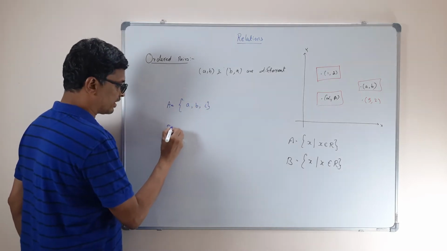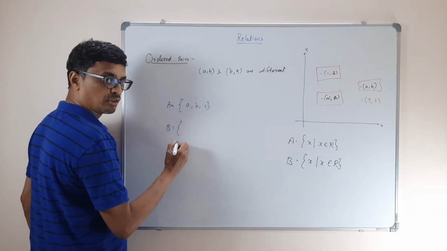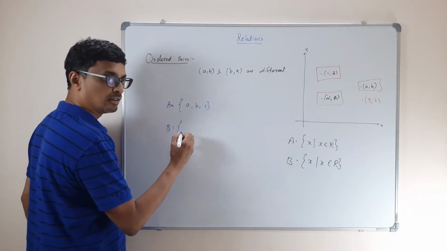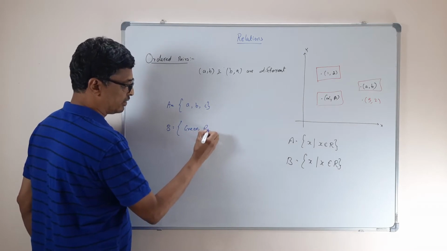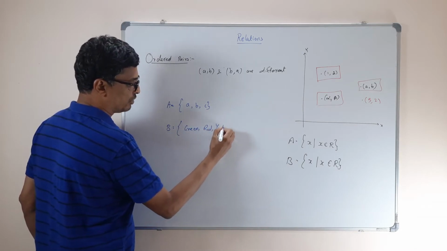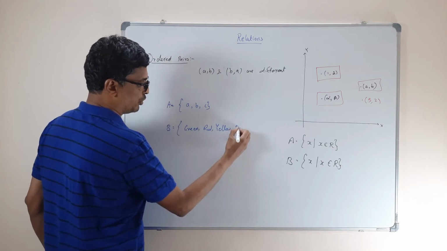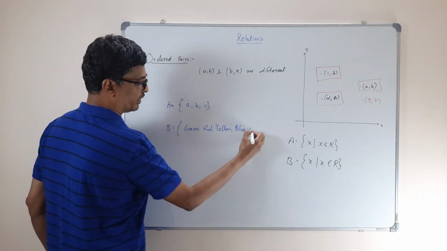And set B is the colors of the t-shirts: green, red, yellow, blue, white.